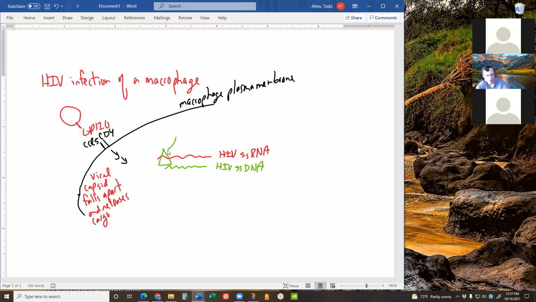So this will be the reverse transcriptase enzyme. Reverse transcriptase makes a single strand copy of the HIV DNA. It takes the RNA and reverse transcribes it into DNA.